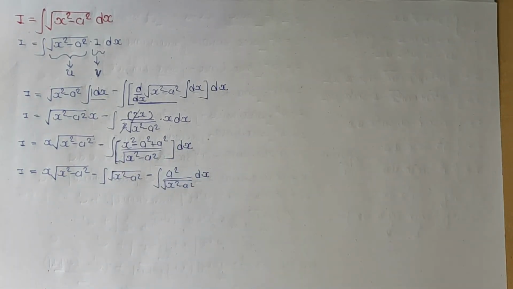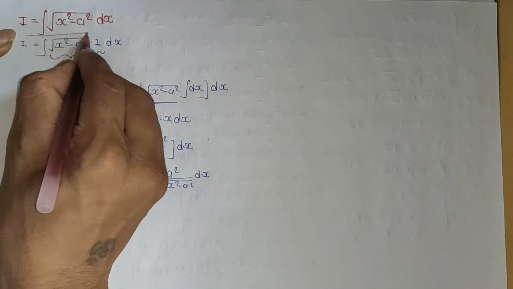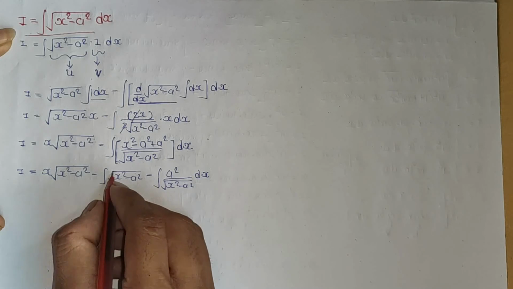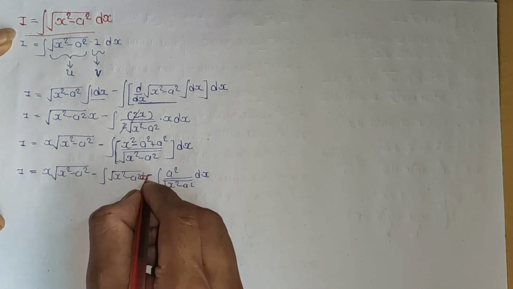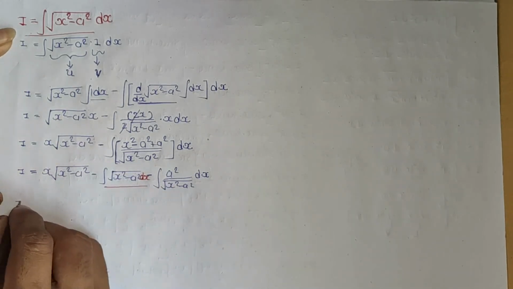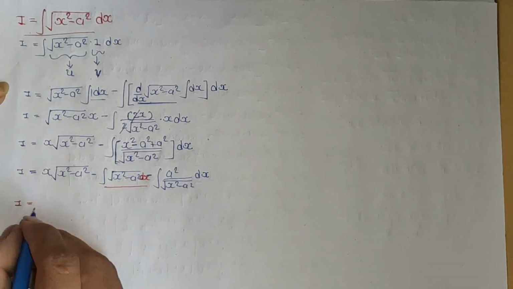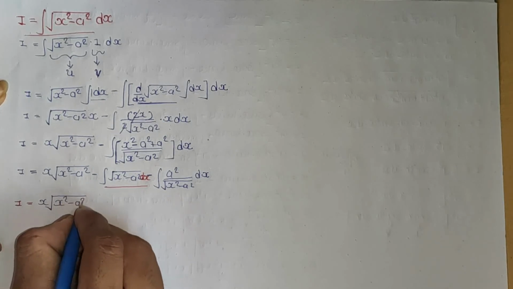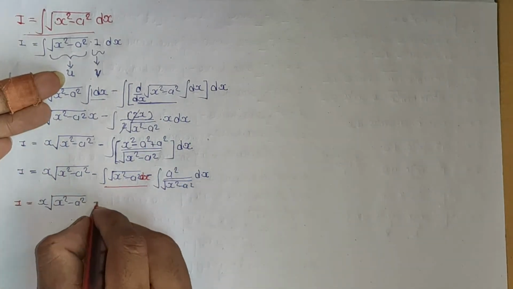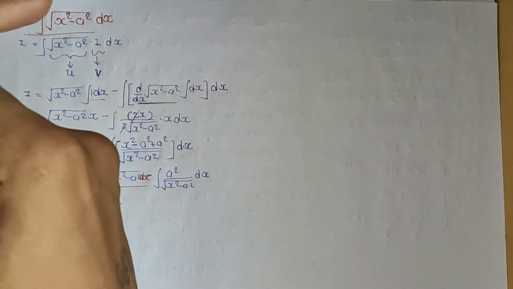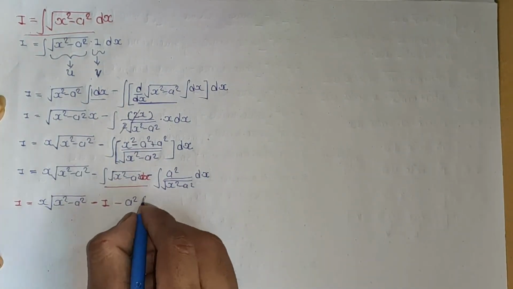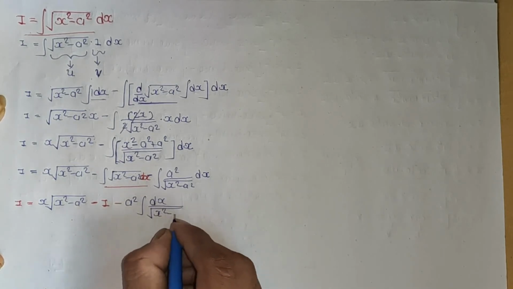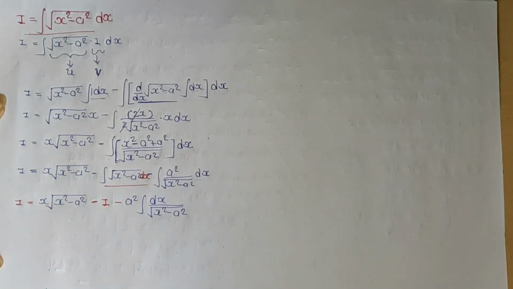And look here, integration of square root of x square minus a square dx, this will be I. Now I equals x square root of x square minus a square minus I minus a square outside the integration, dx by square root of x square minus a square. Now 2I equals x square root of x square minus a square, this will be log mod x plus square root of x square minus a square.